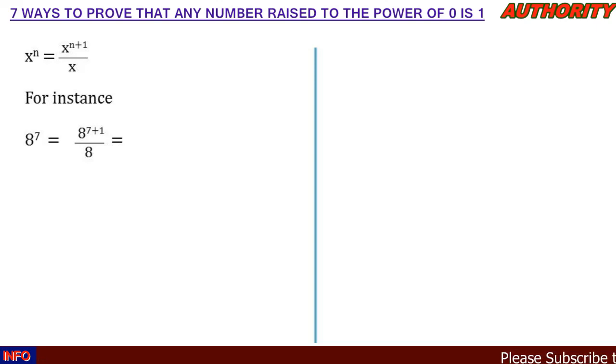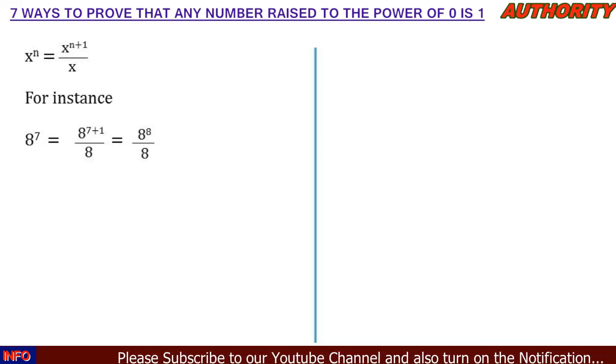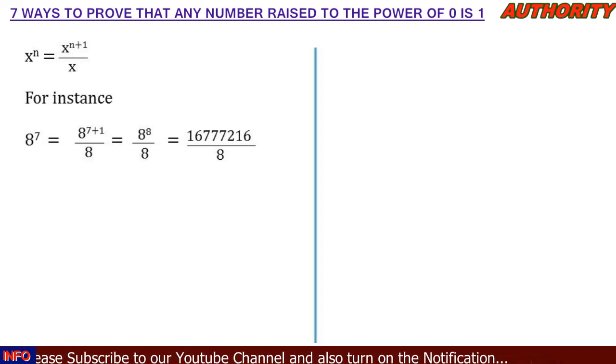That is the exponent 7 plus 1 all over 8. So 7 plus 1 in the exponent is going to give us 8. So we have 8 raised to power 8 all over 8. So 8 raised to power 8, when you punch it in your calculator, it's going to give us 16,777,216. Then we have all over 8.